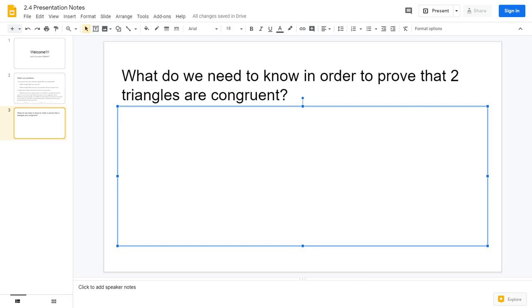So what we're trying to answer today is, do we actually need all that information? Do we actually need all 6 bits of information, all 3 sides and all 3 angles? So that's our goal to answer today.